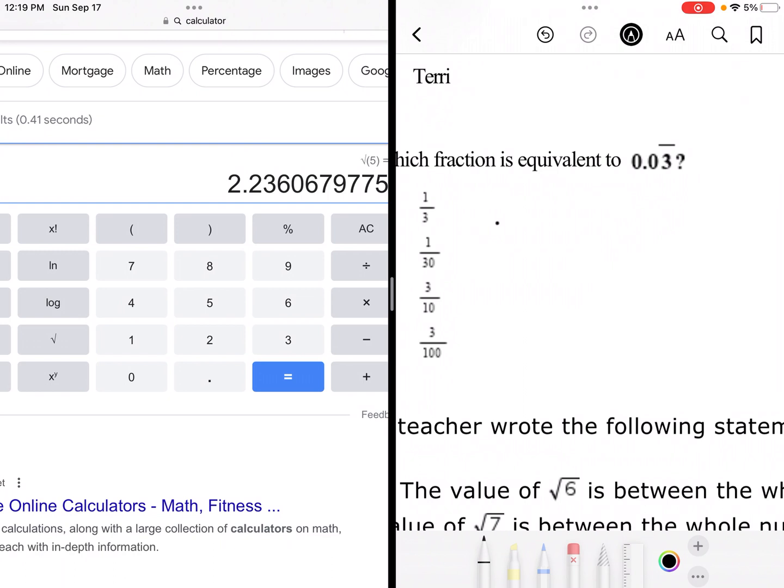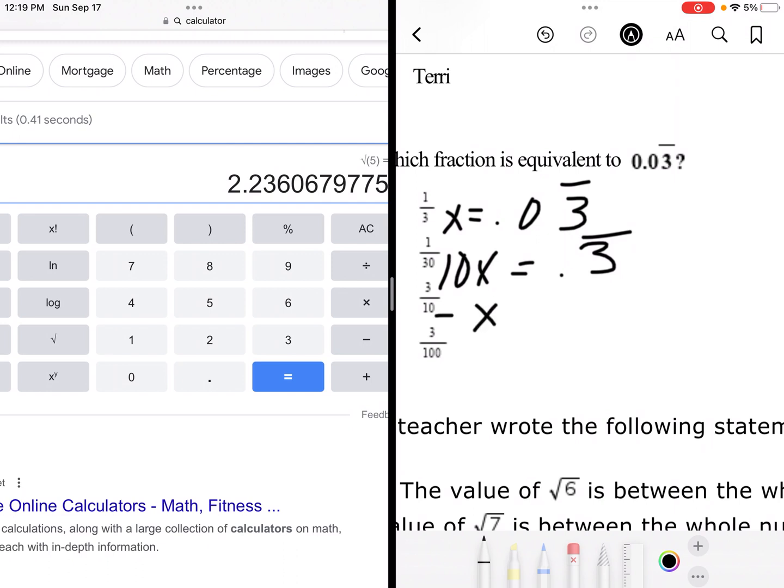So you have 0.03 equals x, and then you have 10x equals 0.3 repeating.